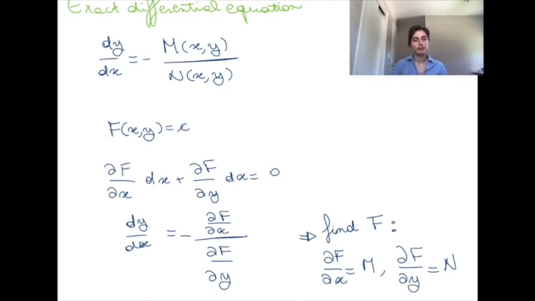So if we can find an f such that the partial derivative of f with respect to x is equal to the top part of our fraction in our original ODE, and the partial derivative of f with respect to y is equal to our denominator in our original ODE, then we can retrace things back.